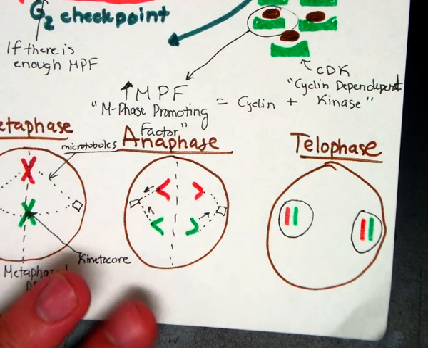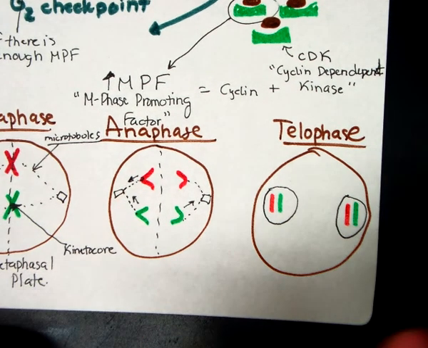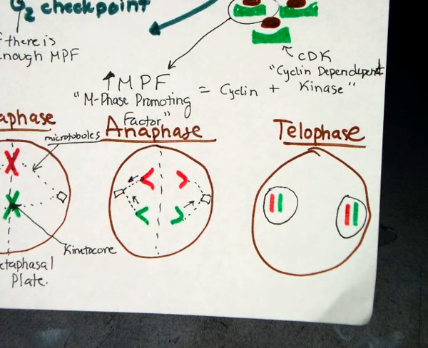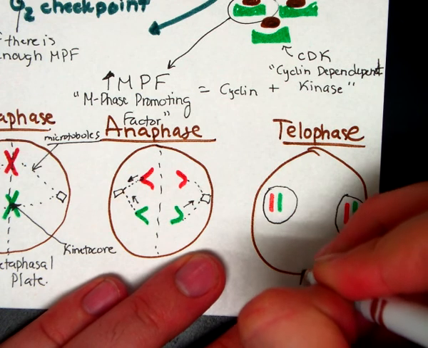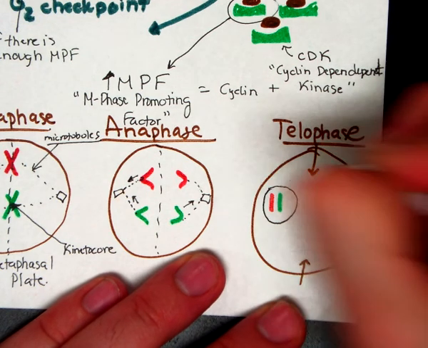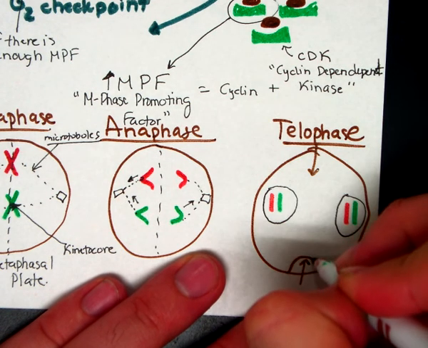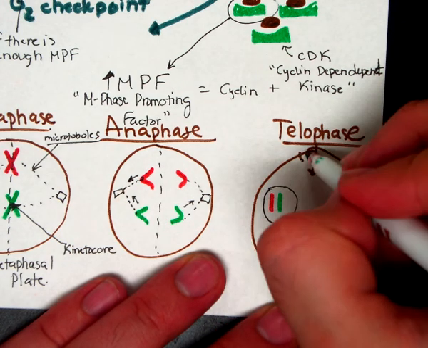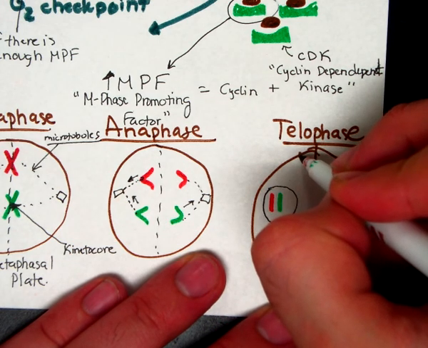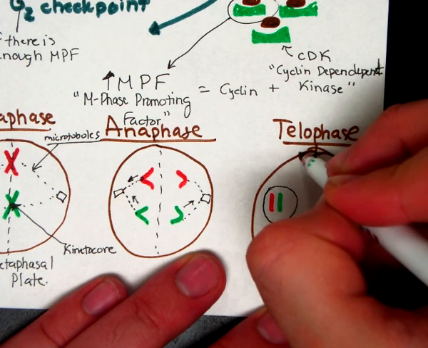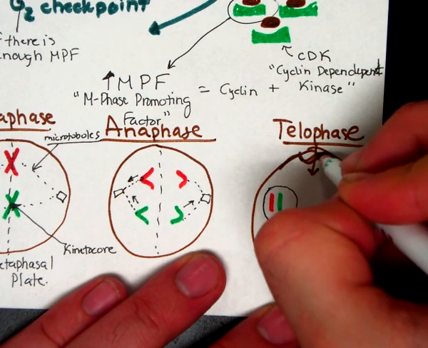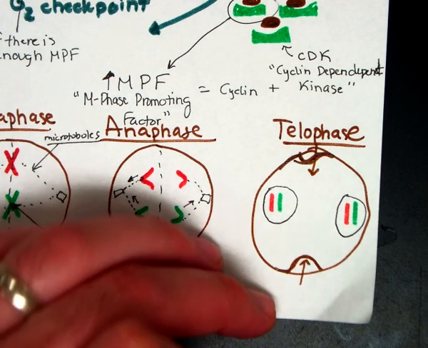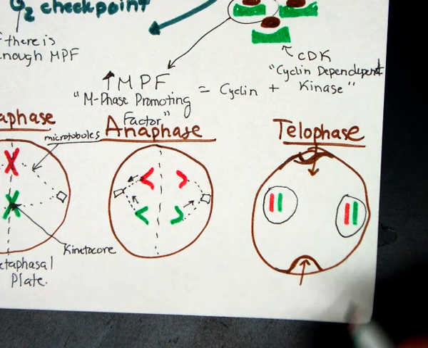All right, so we have our two sets of chromosomes, and what is able to happen here is that as these nuclei form, the cell membrane begins to pinch inwards, creating something called a cleavage furrow.